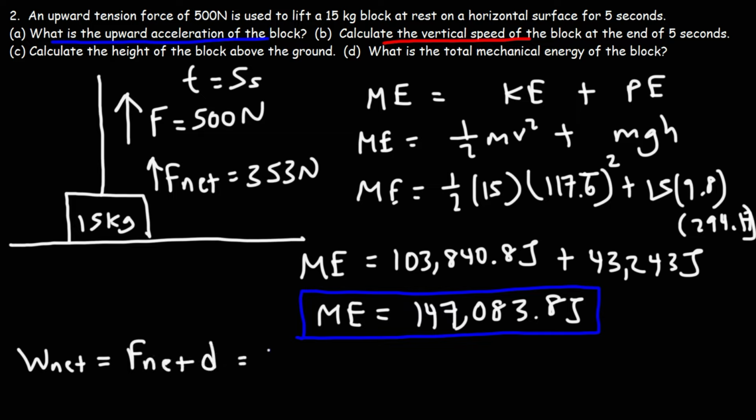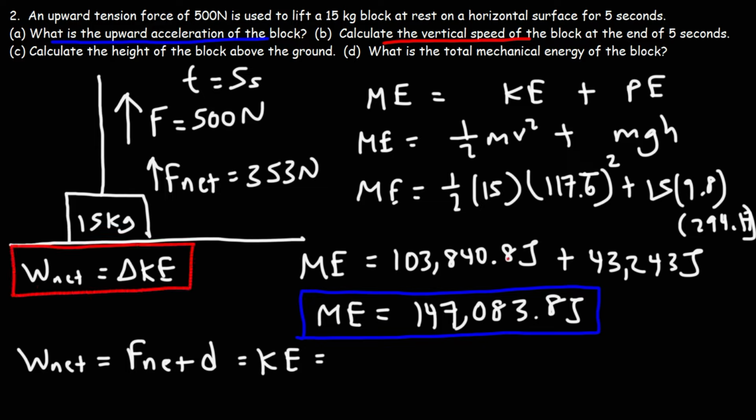By the way, this will give you the kinetic energy of the object, or more specifically, the change in kinetic energy. Because the object was at rest, the net work done will equal the final kinetic energy of the object. But by definition, it gives you the change in kinetic energy. So this formula should give us this value here, which is the final kinetic energy of the block.